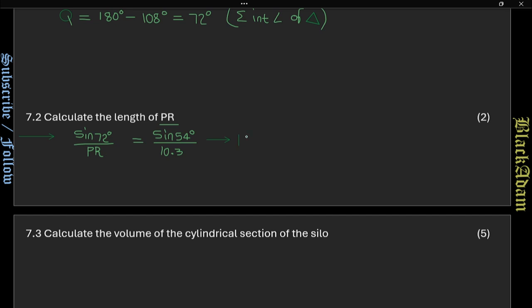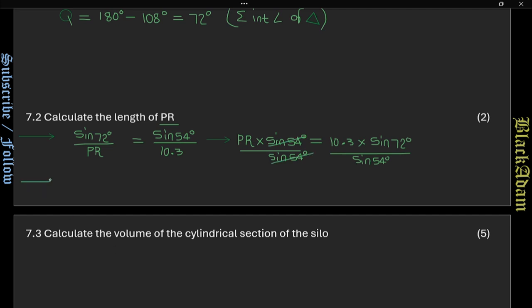Okay, so we cross multiply. That's going to be PR multiplied by sine 54 degrees equals 10.3 multiplied by sine 72 degrees. Now since we want PR, we divide by sine 54 degrees, and that cancels that.